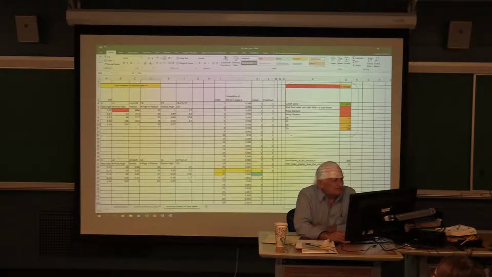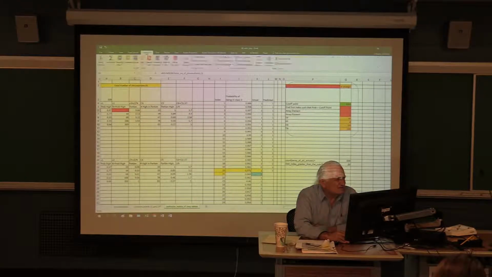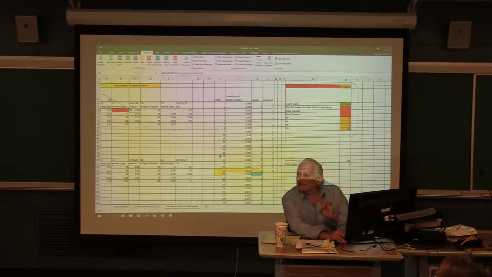This 0.06 is 20 over 309. You see, I made 309, I gave it a name, total number of observations. So this number right here, this 0.06, click formulas and trace precedents, is 20 over 309. So it says 6% of the people have a probability greater than 0.97.